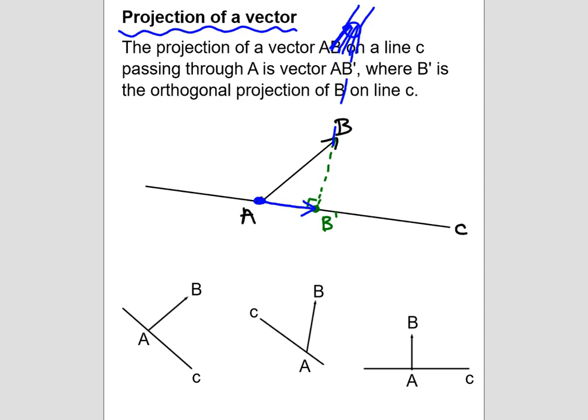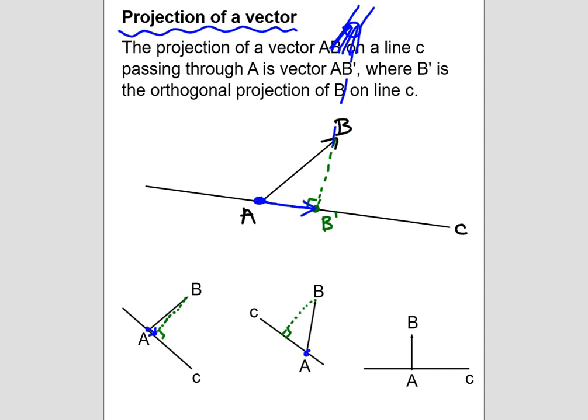Sorry, let me try again. So imagine you come down at 90 degree. This one is going to be very short, very small. I'm coming down at 90 degree, and then I go from the tail to this part here. So this is my projection. Look at this one here. AB, I'm starting from B, I'm coming down at 90 degree.